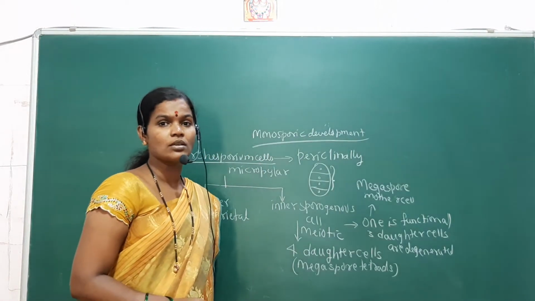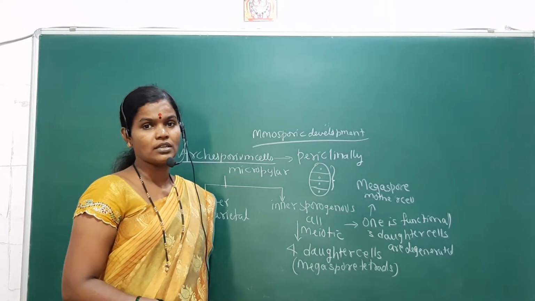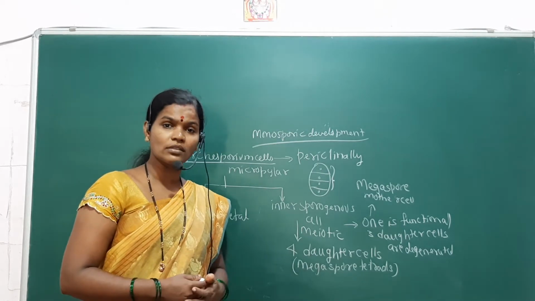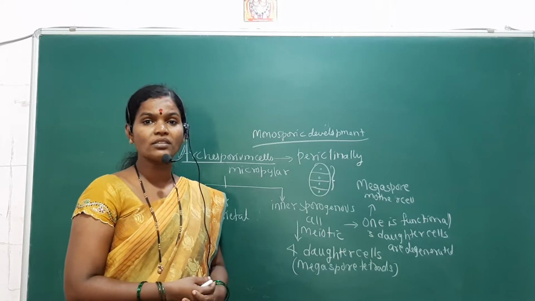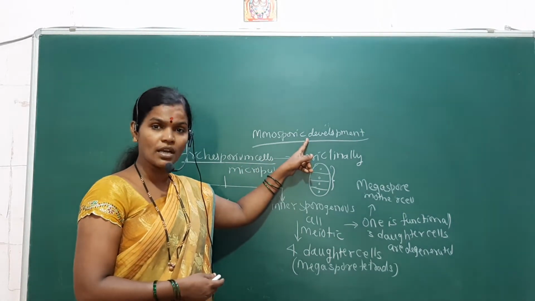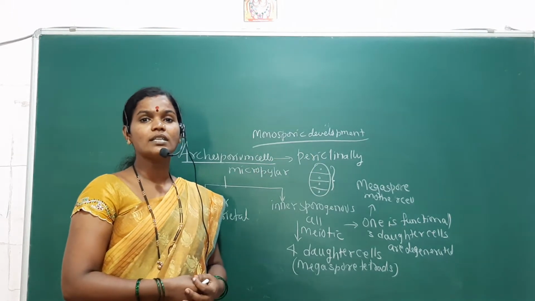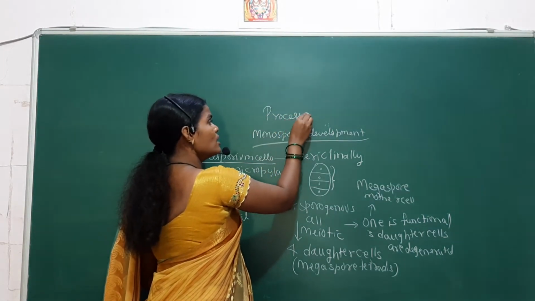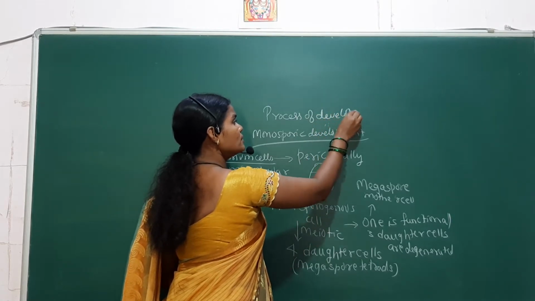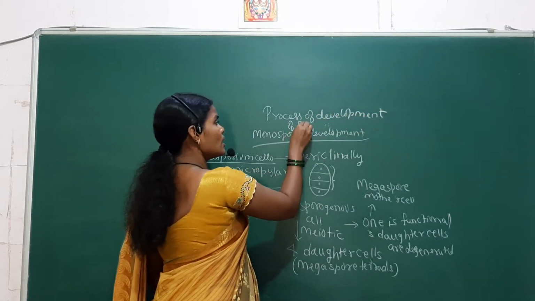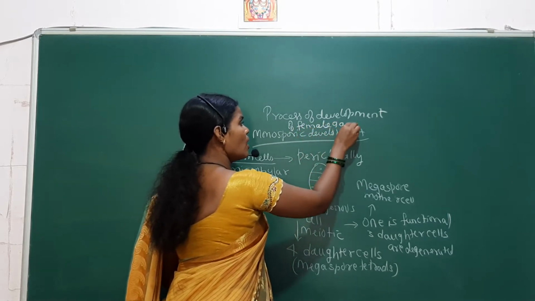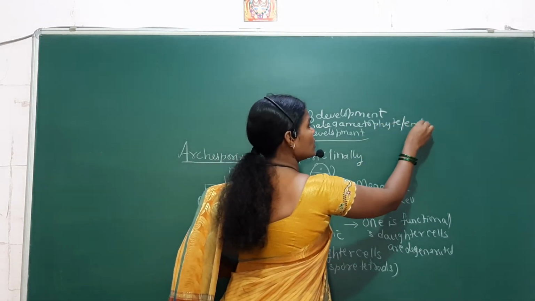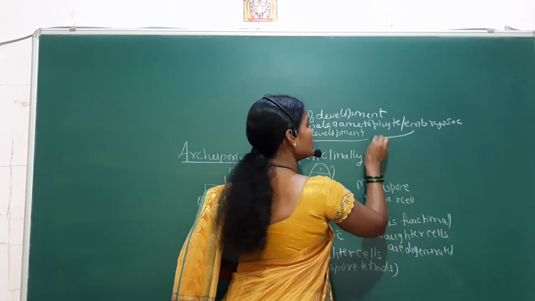Monosporic development means the development of the female gametophyte, or the process of development of the embryo sac, by a single megaspore mother cell. That is called monosporic development.